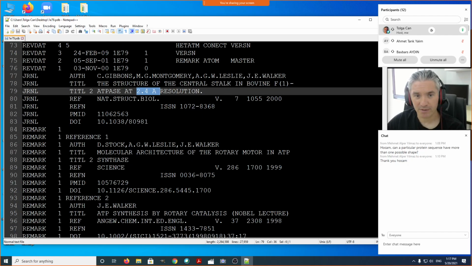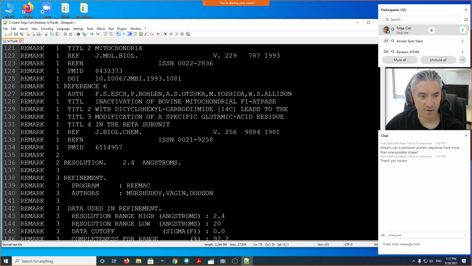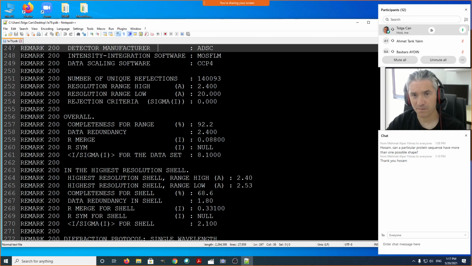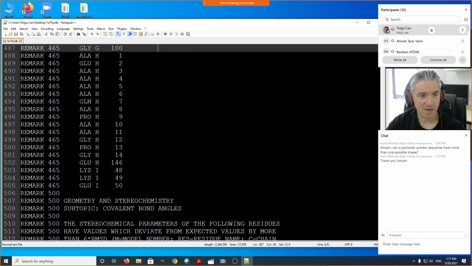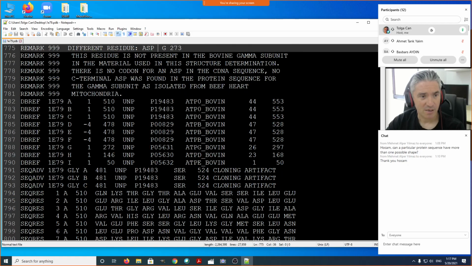And the important part, the part that I want to show that contains geometry information, is here. Let's pass these remarks. Lots of comments, remarks about this. I'm just skipping those remark parts. These are all metadata. And then the sequence is given to us.